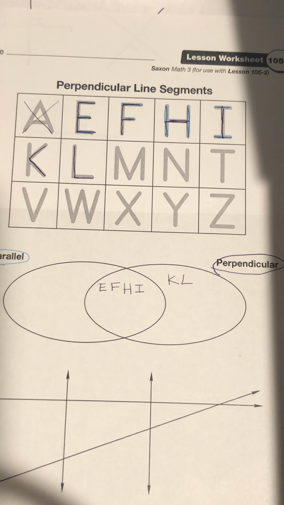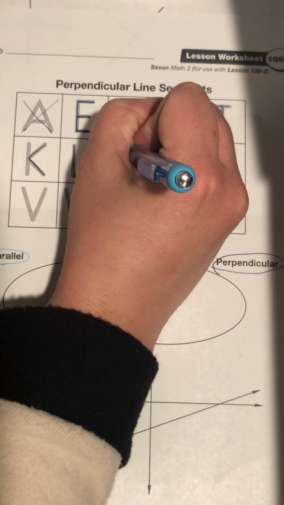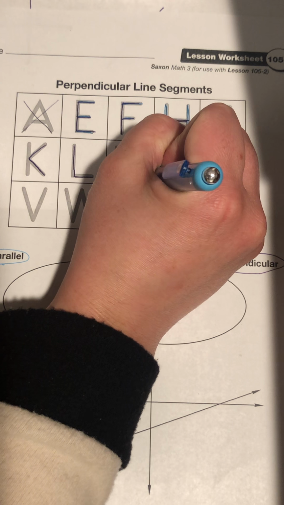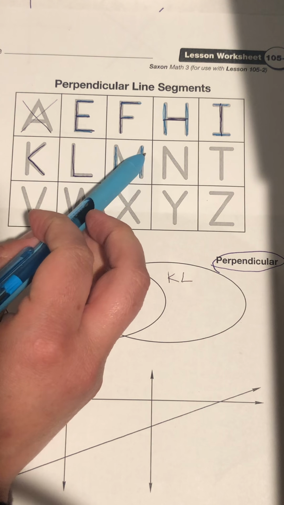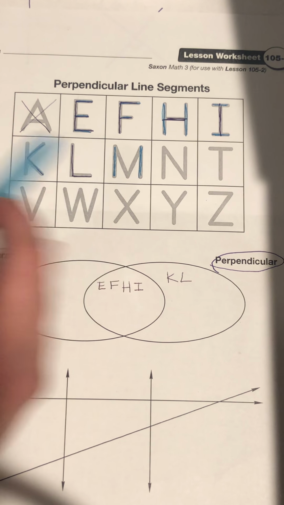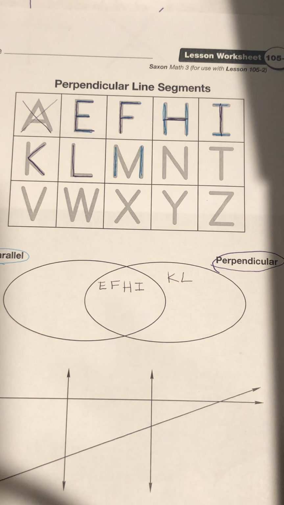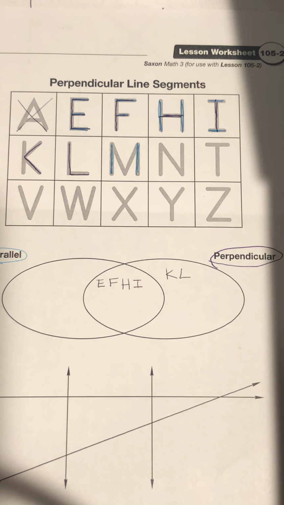What about M? M has parallel. And though these intersect with the parallel, they don't make that 90-degree angle at any point of the intersection. So this one is only parallel.